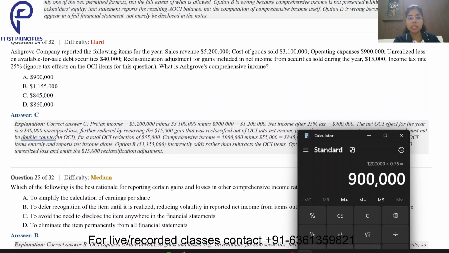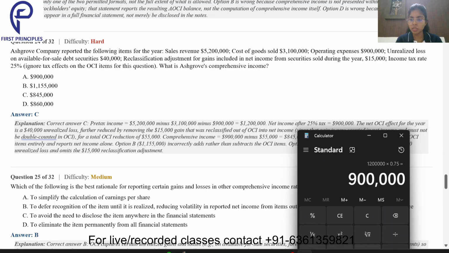To the net income we should add the other comprehensive income. The unrealized loss on available-for-sale debt securities, from this we should reduce what? We should reduce... just a second, first of all I'll just make a note of this.